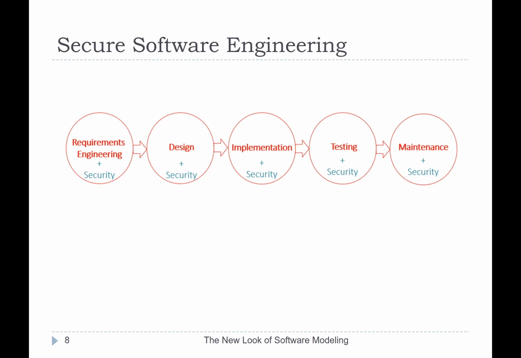All right, so the same waterfall method, be it waterfall, be it some sort of an agile methodology where you're going through these different phases in small sprints, we got to take security into account in each and every one of those. Okay, and this is why we call it secure software engineering.